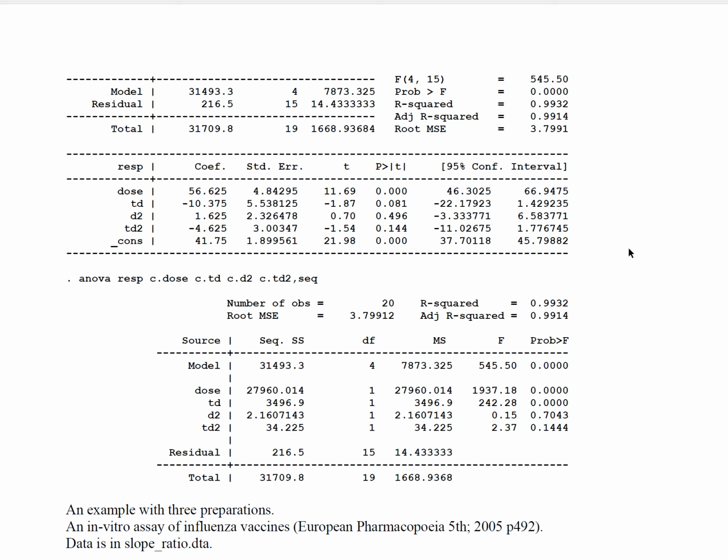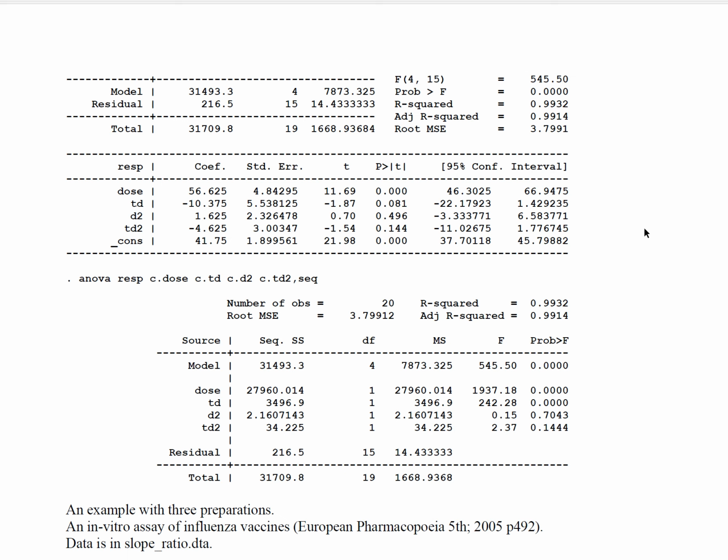And I do have in this file, slope ratio, other examples for you, but I think that I'm going to close off this session number 20 now.